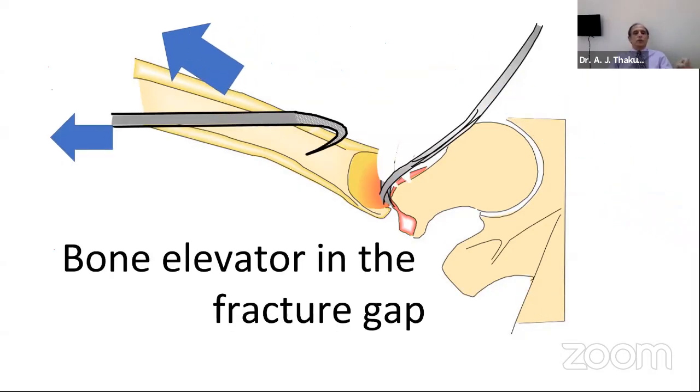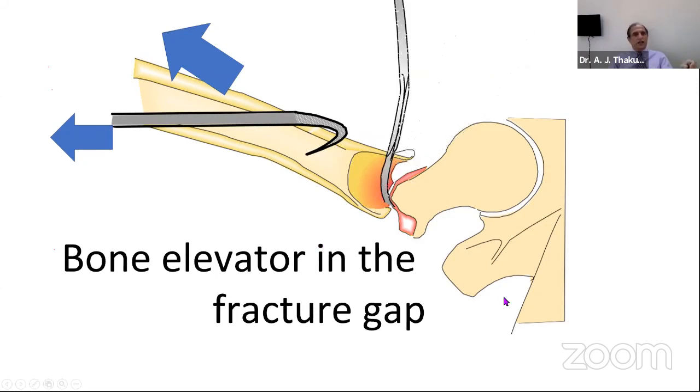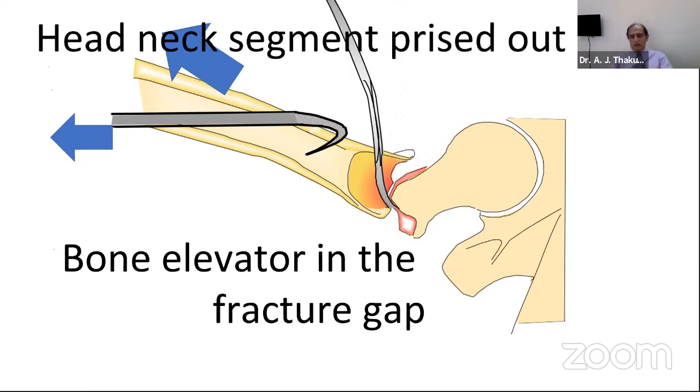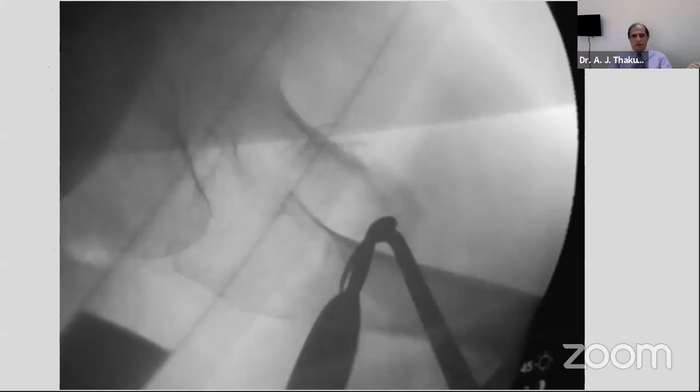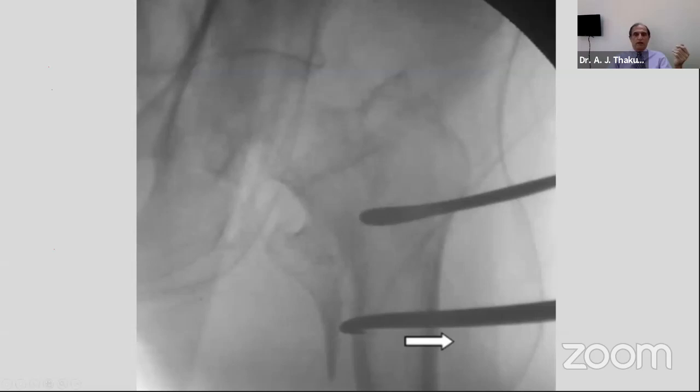And then put a spike in the gap and elevate the fracture line so that you get the reduction. First step is to pull it out, then push a spike inside and pry out the neck. On the X-ray, the hook is being pulled out, and this is to pull it out and pry it out that way.